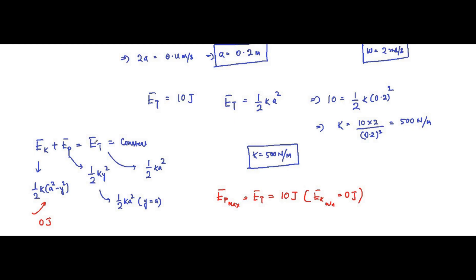We have already discussed it in the energy in SHM video, where we have derived the mathematical expression and the graphical analysis we have done, so you can check out that video. But this is the thing. So the maximum potential energy in this case is 10 joule, the total energy, at the extreme position, where y is equal to the amplitude of SHM motion.